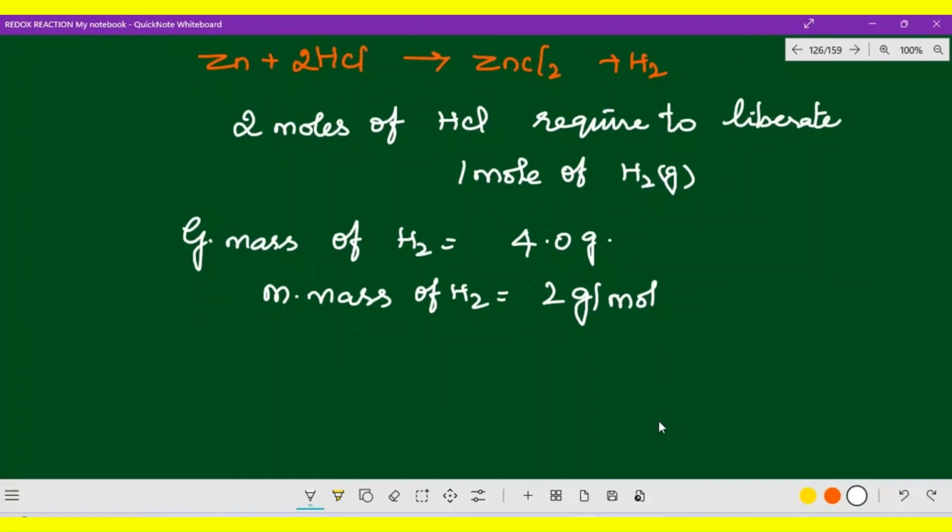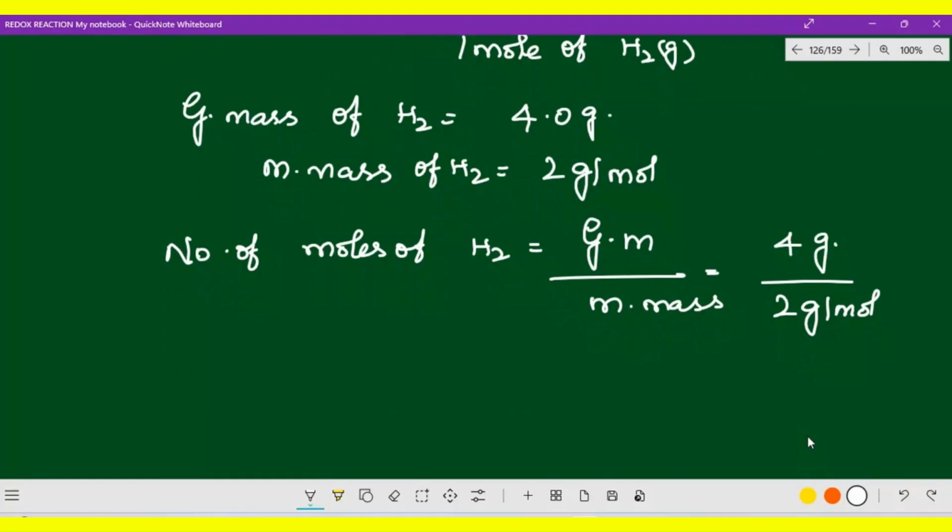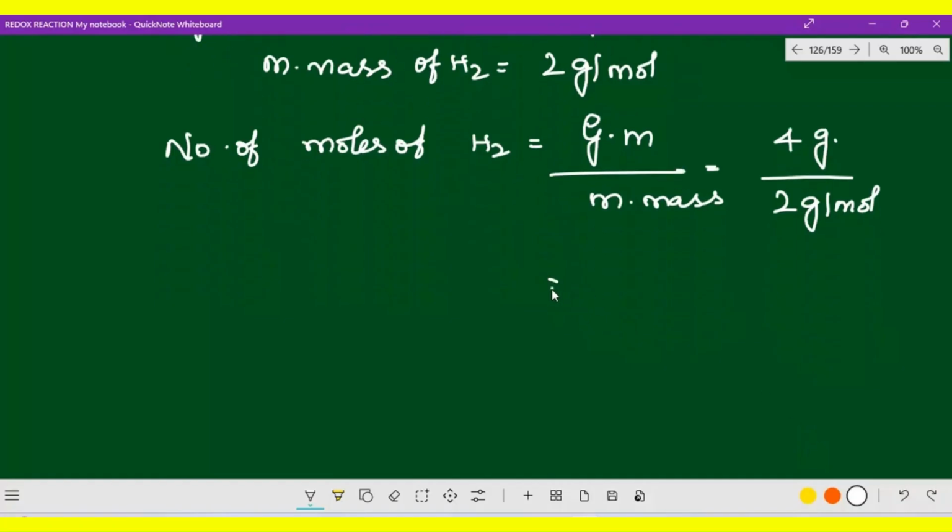So number of moles of hydrogen is given mass by molar mass. Given mass 4 gram, molar mass 2 gram per mole, so you will get 2 moles of hydrogen gas.